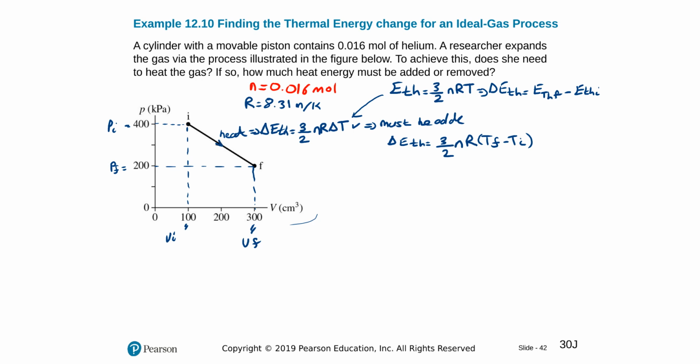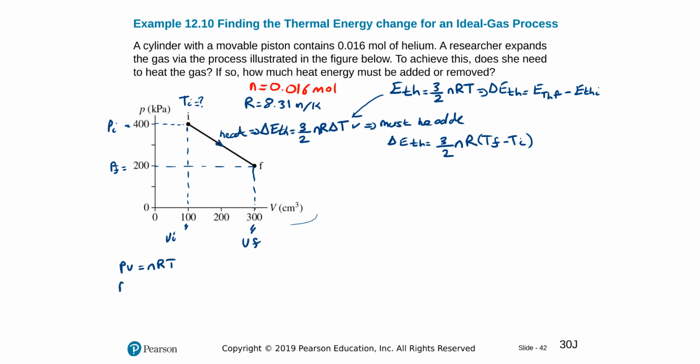We don't know either of them, but we know P initial, V initial, P final, V final, and we can reach T initial and T final using this information. First of all, I can apply the ideal gas law, PV equals nRT, to find either one.